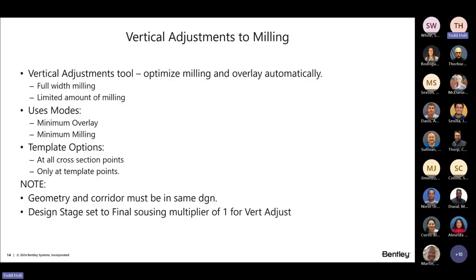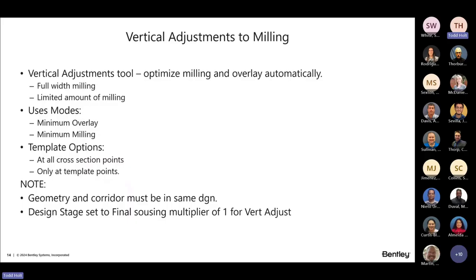We can also use the vertical adjustments tool to assist in creating new vertical alignments to form milling that will result in a full width uniform surface. So we can build those out, and use that to help us define a new vertical profile. There are different modes that we'll take a look at in the tool, and we'll look at that later on.